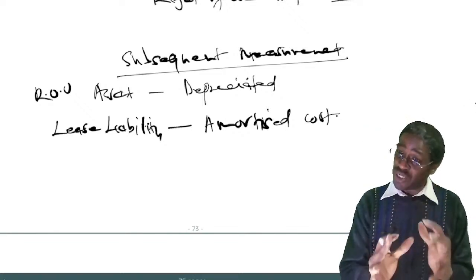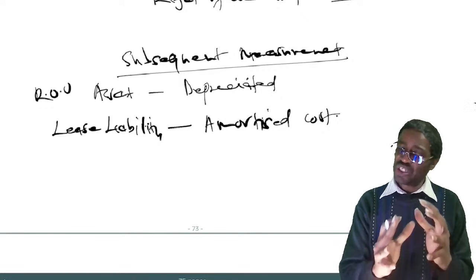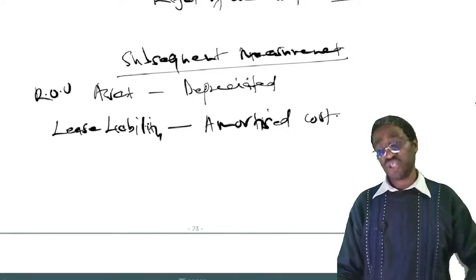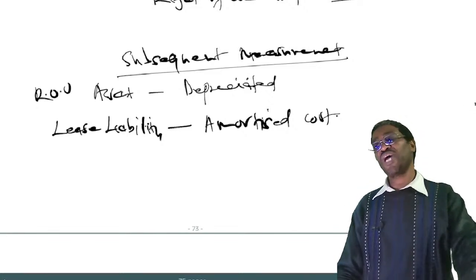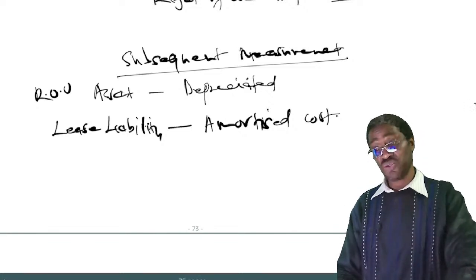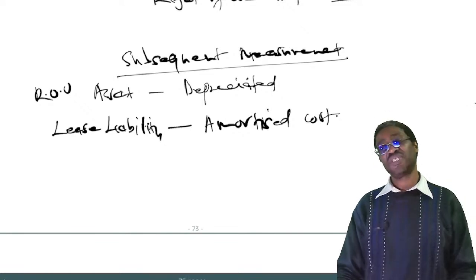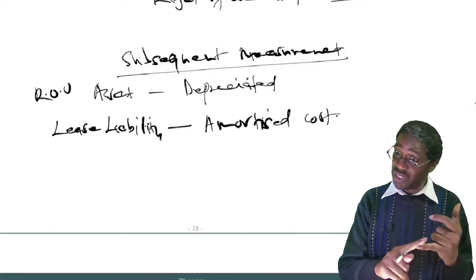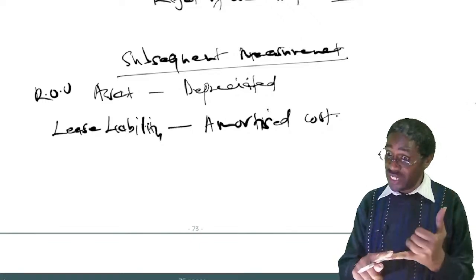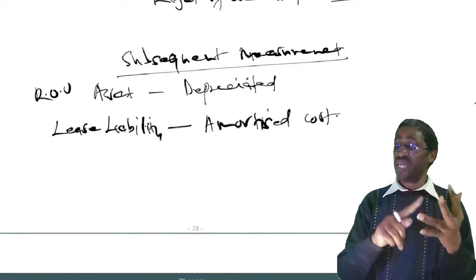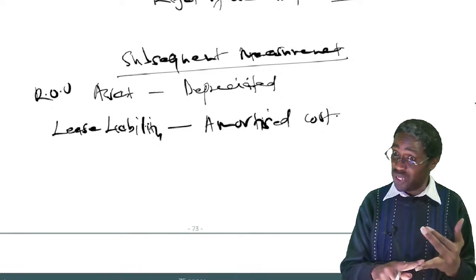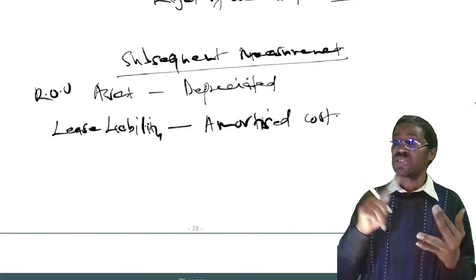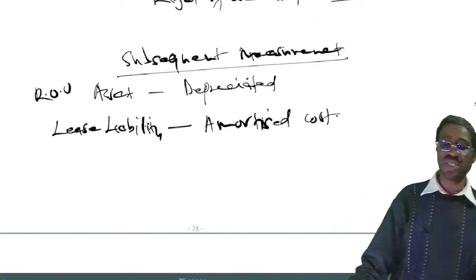To get the amortized cost of the liability, we shall be preparing what we call the amortization schedule. Are you there? Good. So the subsequent measurement is, for the asset, it should be depreciated. For the liability, in the subsequent periods, you remeasure it at its amortized cost.